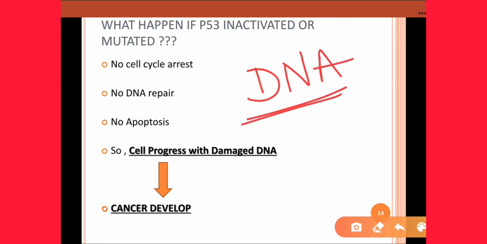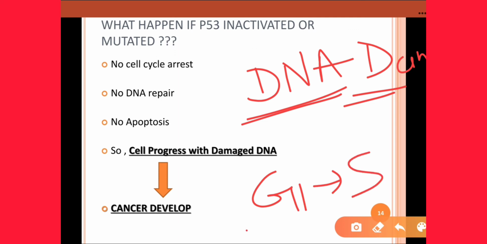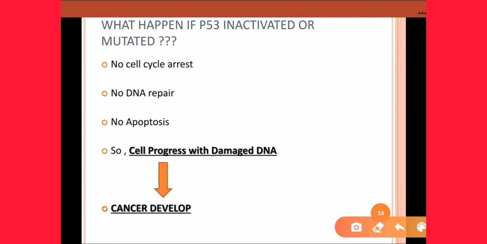If you don't have proper functioning of P53, then what happens? There will be no damaged cell cycle arrest at G1/S phase, right? P53 will not function. So this damaged cell will not be stopped and they will undergo cell cycle movement. So there will be no cell cycle arrest if your P53 is inactivated.